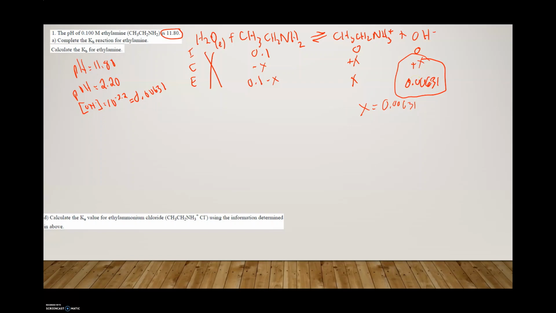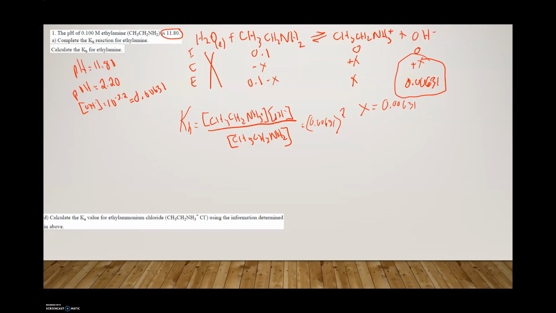So what we're going to do next is write the expression for Kb. So Kb is equal to CH3CH2NH3 plus times OH minus, divided by CH3CH2NH2. Alright, so we know what these values are. We know this is 0.00631, and this is going to be squared because they're the same.